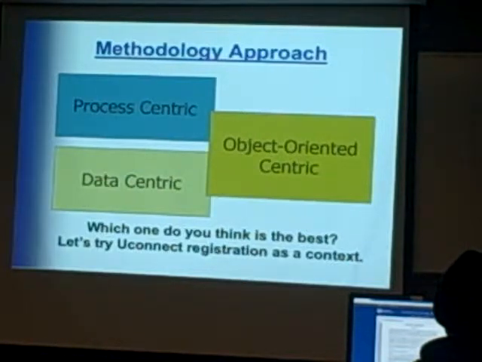Like maybe I'll draw a little diamond here, and I'll have a little yes, no coming off. So maybe you have to make some decision after you do a couple things, like maybe you did your search and you need to search again. If yes, go do this, or maybe go back there, and if no, then continue on to this box. So there's a process perspective of how to understand the Uconnect system.